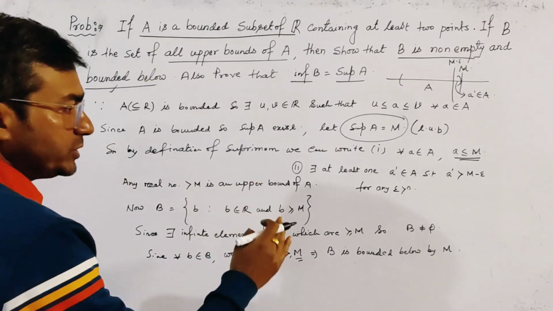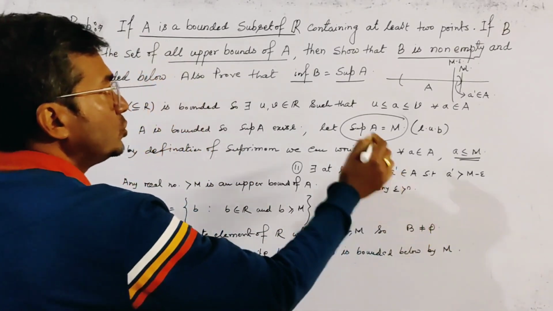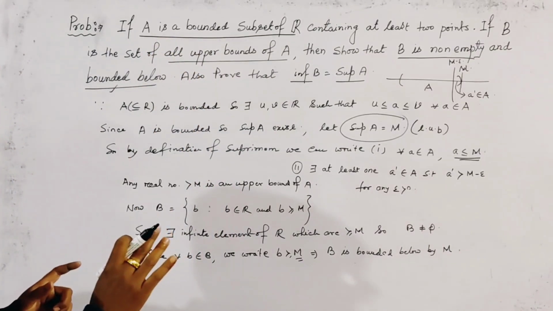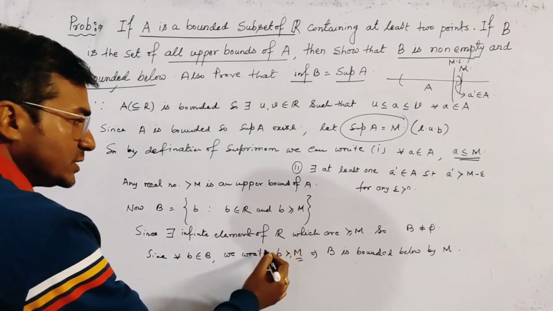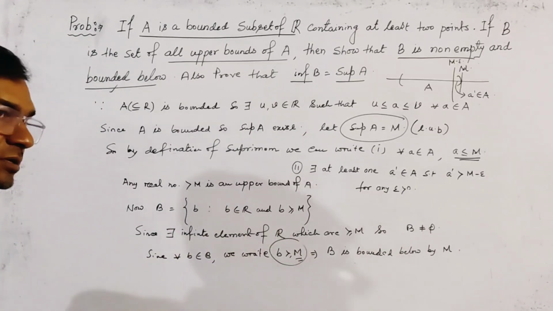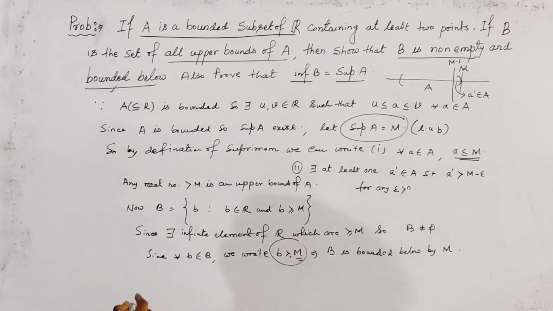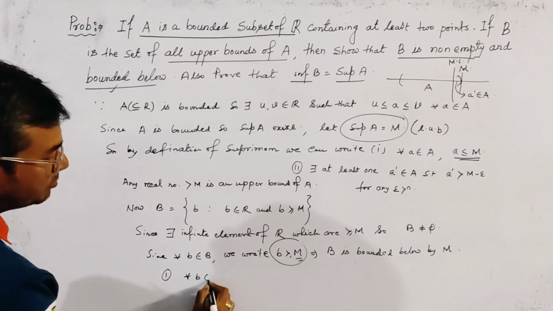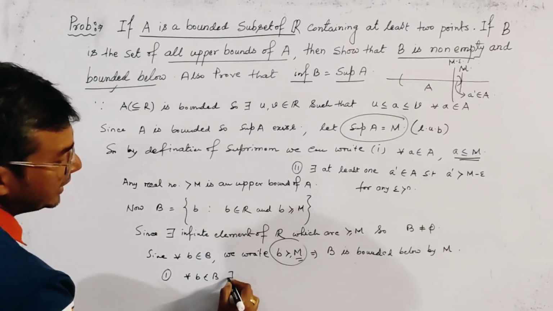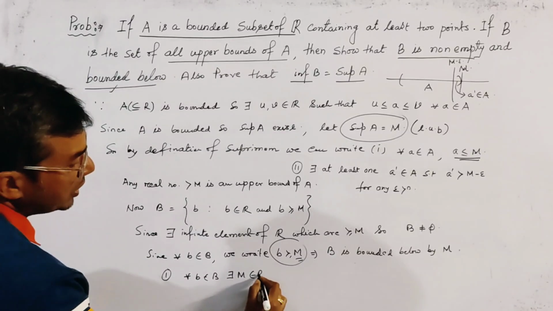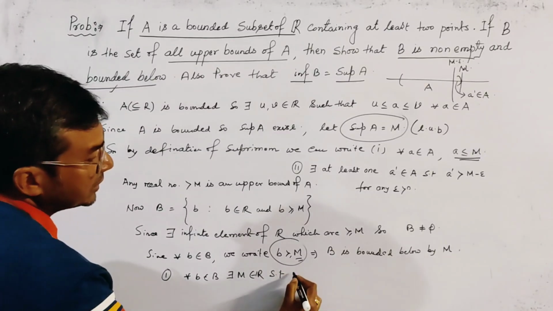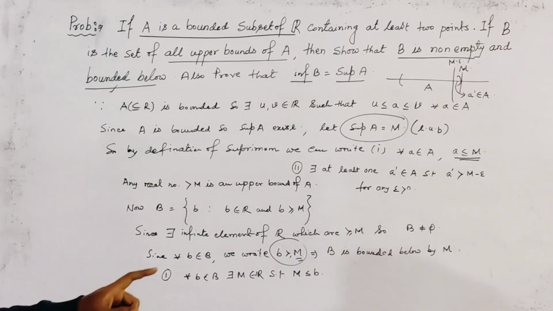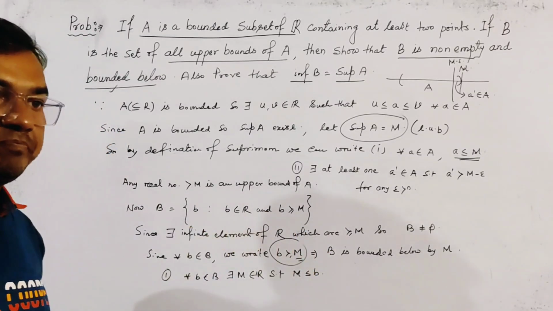And now we have to prove that capital M is also the infimum of B. Two properties of infimum: the first property is already satisfied from the definition of B. So we write the first property: for all b belongs to B, there exists M belongs to R such that M less or equal to b.